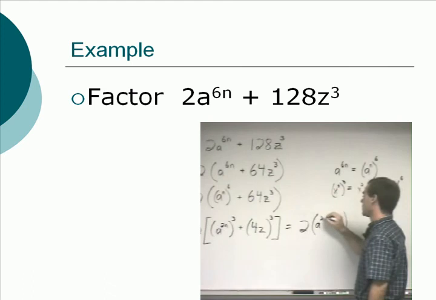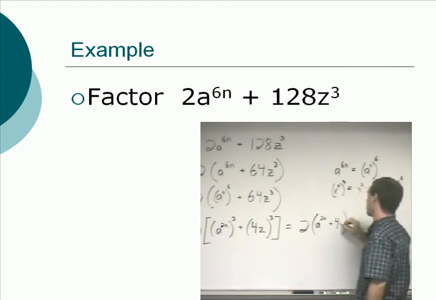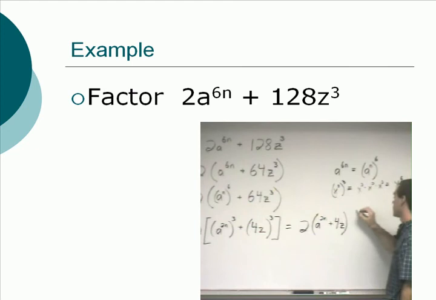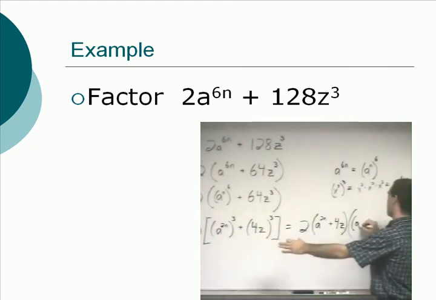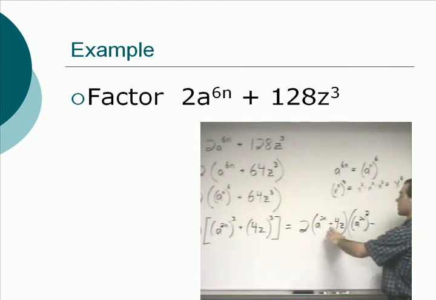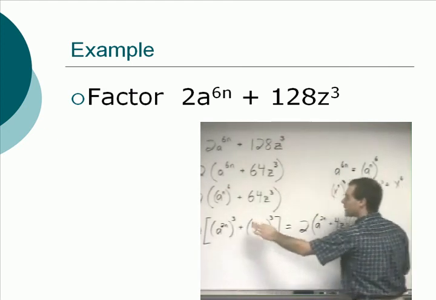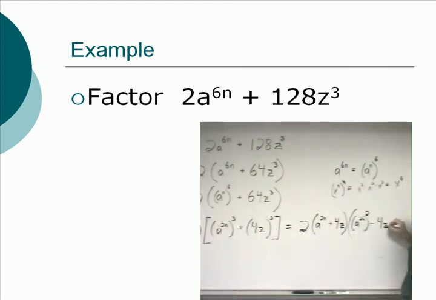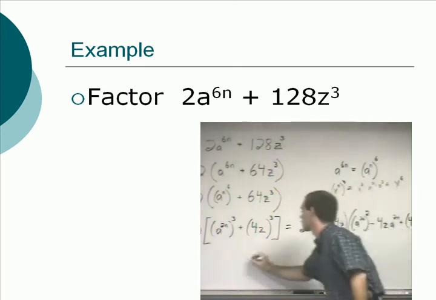A to the 2n plus 4z times, the trinomial out here is going to be a to the 2n squared, opposite sign, minus 4z a to the 2n plus 4z squared. And now we can just rewrite that and we're done.